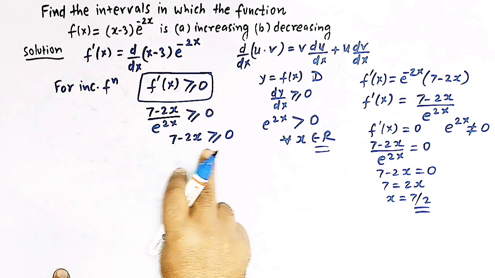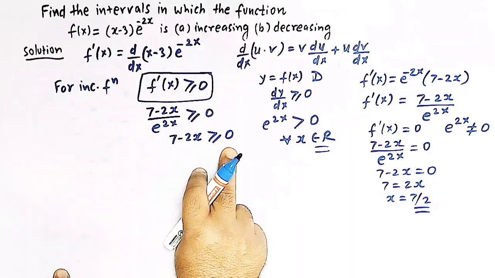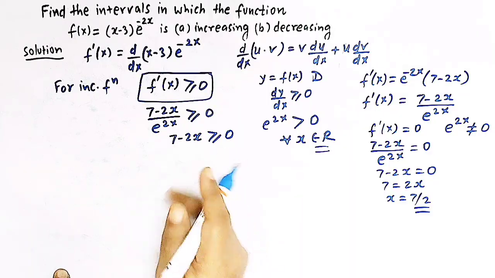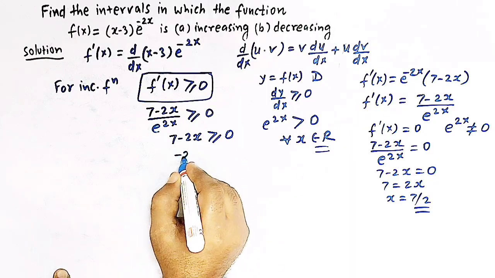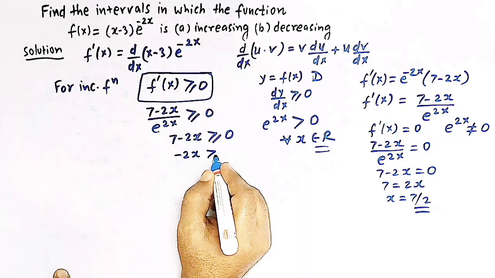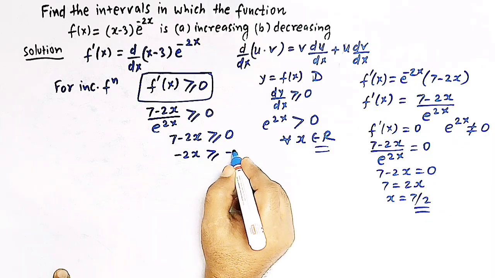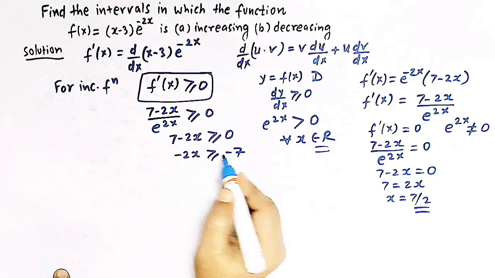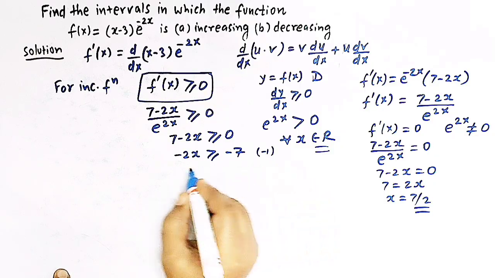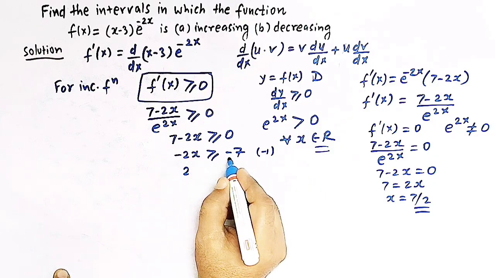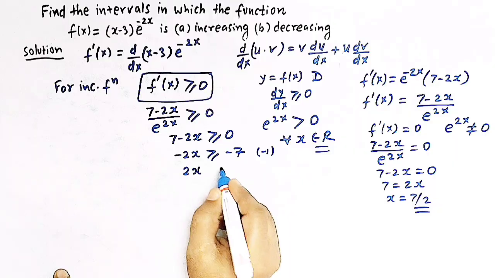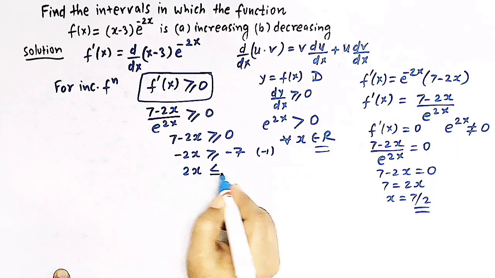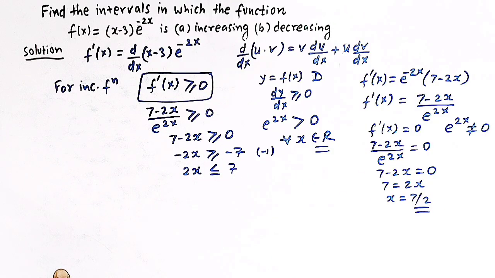So now we can easily solve this inequality. This is the linear inequality. So we have minus 2x greater than or equal to minus 7, right? So now multiplying both sides by -1, we have here positive, here also we have positive, but the direction of the inequality gets reversed, right?